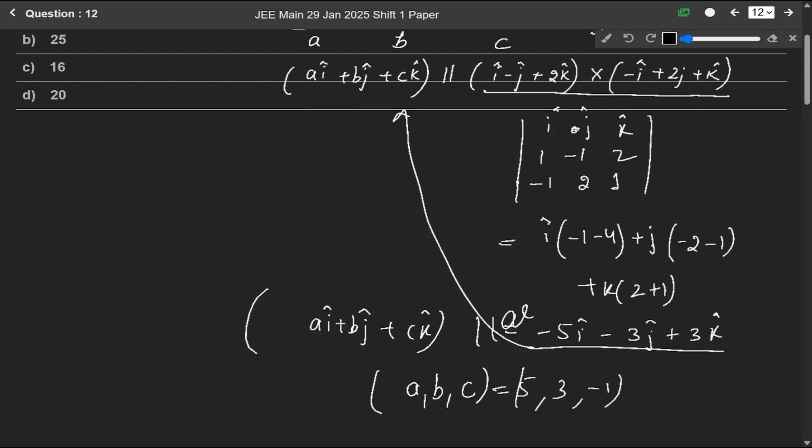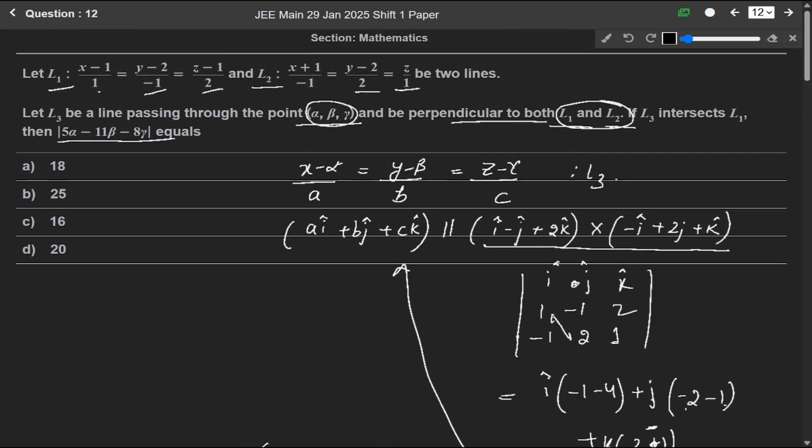This will be 2 ones are 2 minus 1 ones are 1, plus k. This will be 1 2s are 2. So this will be 5, 3 and minus 1 then.